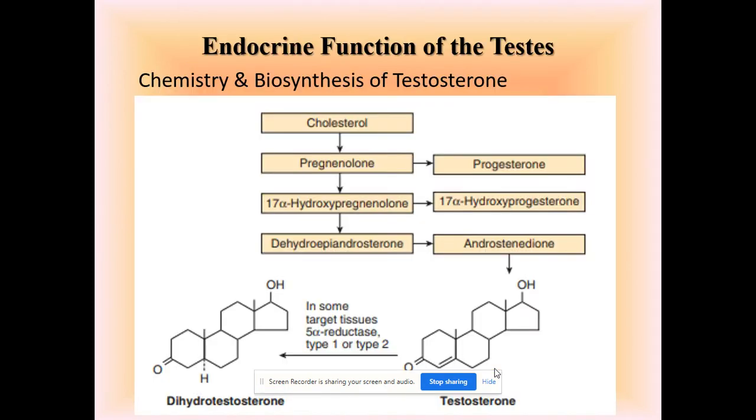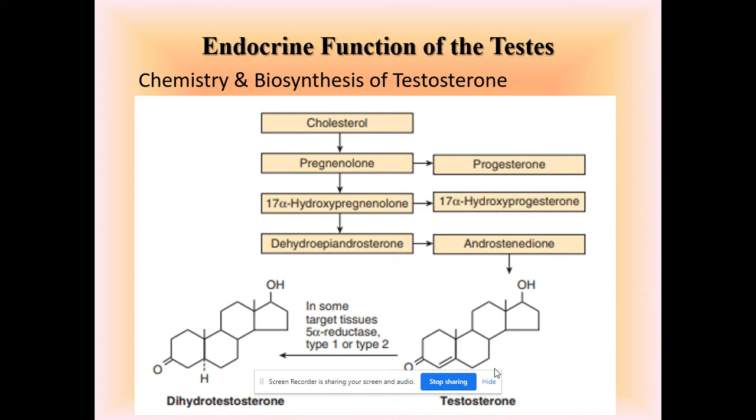So to begin with, let me show you the chemistry and biosynthesis of testosterone. I would just like you to know how testosterone is produced from cholesterol. Testosterone is the principal hormone of the testis, and it is a C19 steroid with a hydroxyl group in the 17th position, as you can see in the figure.